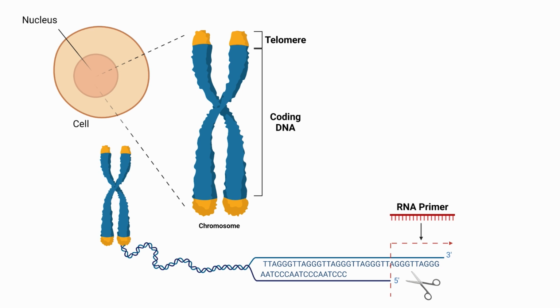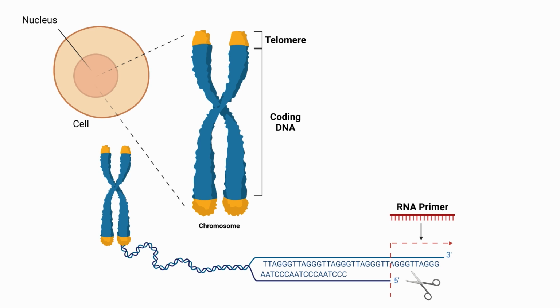So the replication problem is this issue that every time a cell divides, it leaves behind, or cuts off, a tiny bit of DNA. And that DNA that's cut off can't come from coding DNA, because otherwise that's going to lead to disastrous consequences. You'd go through one or maybe two cell divisions, and the coding DNA on the very end of the chromosome, you couldn't read it because you would have cut off pieces of it.